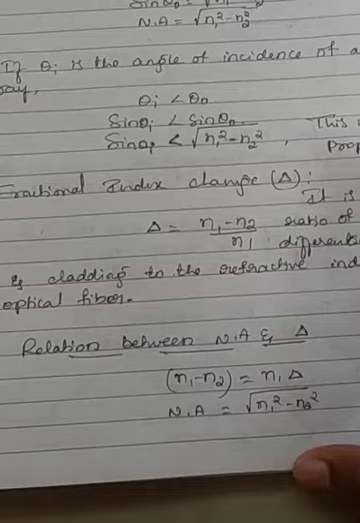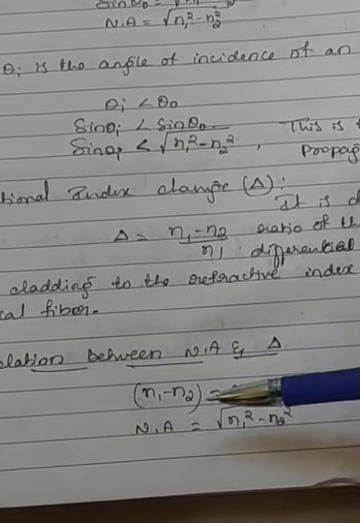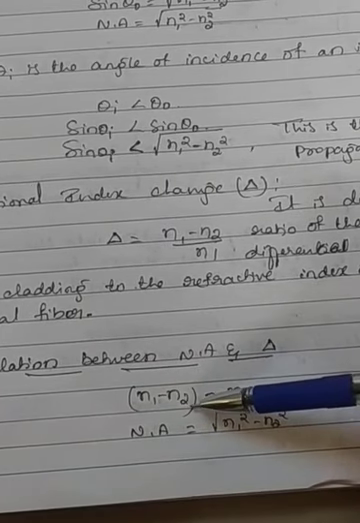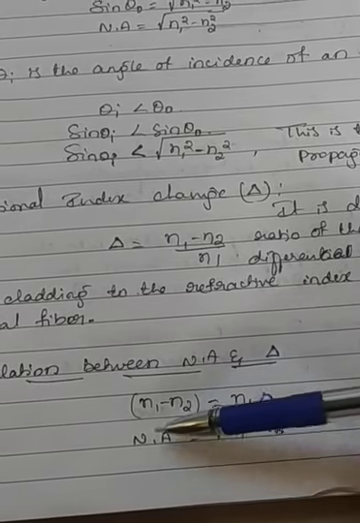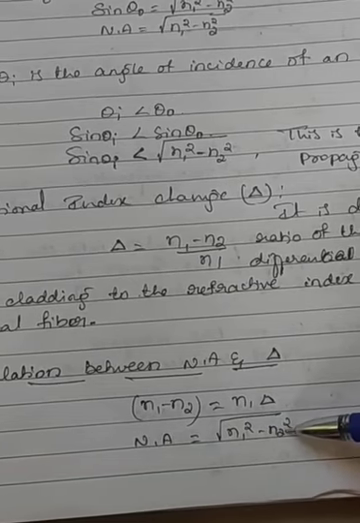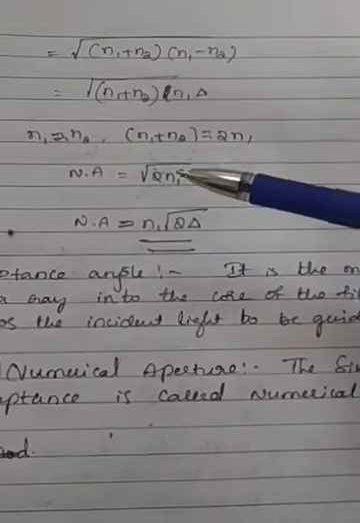And also, continuing with the relation between numerical aperture and delta. Some relation is given: n1 minus n2 is equal to n1 delta. Numerical aperture is equal to root of n1 square minus n2 square. Already we have given this equation. Next, we simplify the same equation.